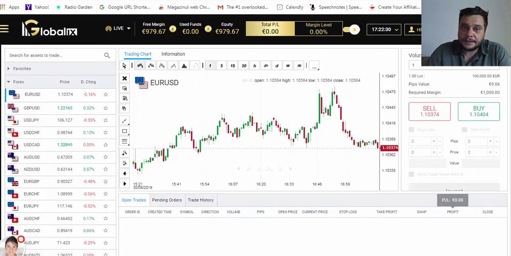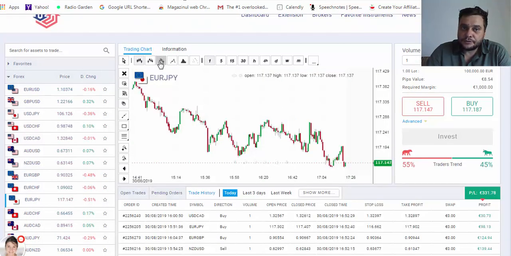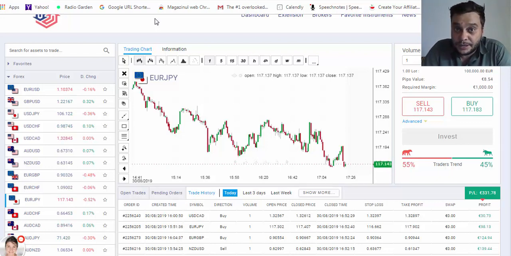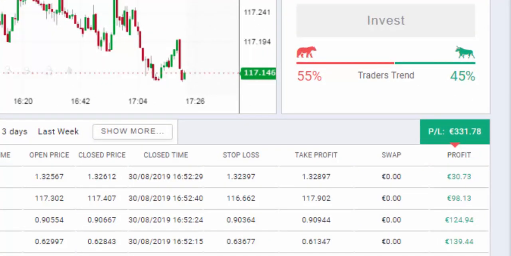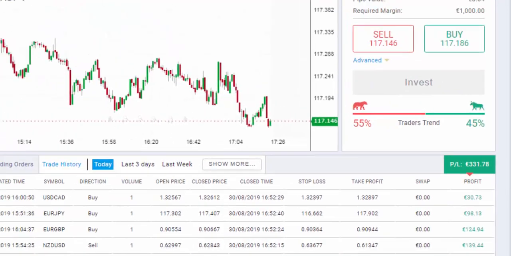So what's in the FxCoinBot trading software is reflected also here in my Global X broker account. Okay, this is the trading session for today. 331.78 profit in this trading session.